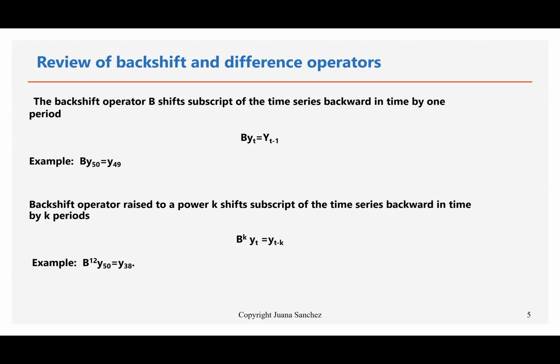So B of y50 equals y49. We saw this in earlier lectures, so I will not spend much time on it. B to the power k means that we are lagging the time series k times. So B^12 of y50 is y at time 38.